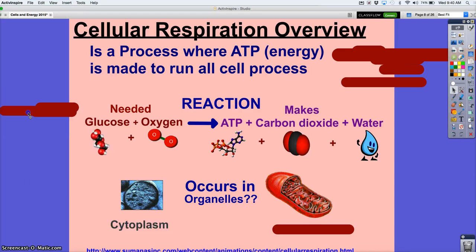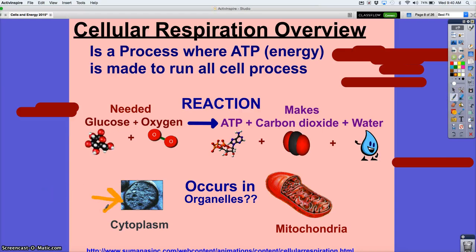In the cytoplasm, and my chief energy making organelle is the mitochondria. Remember that? So the most ATPs are made here, but some are made here. And think back, some organisms don't have a mitochondria, right? So some energy actually has to be made here or they wouldn't be able to have any energy at all. So it all makes sense.